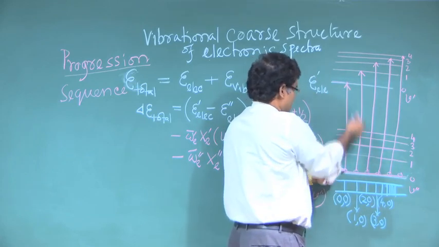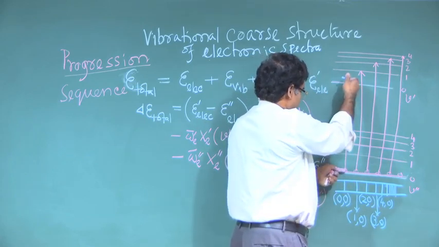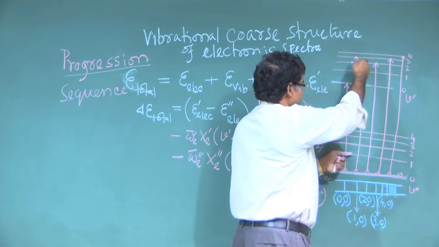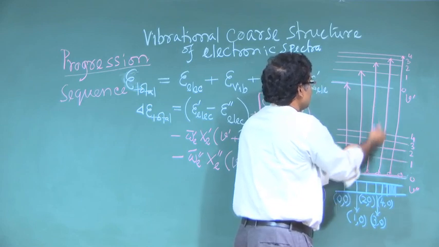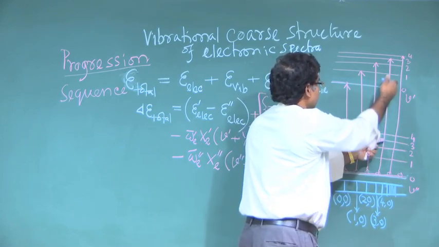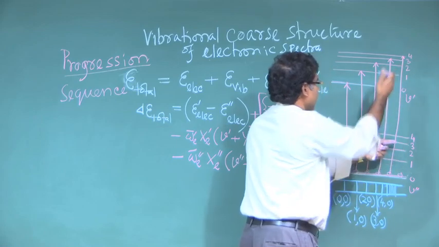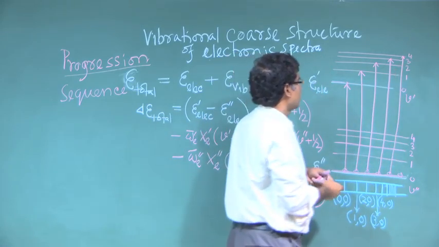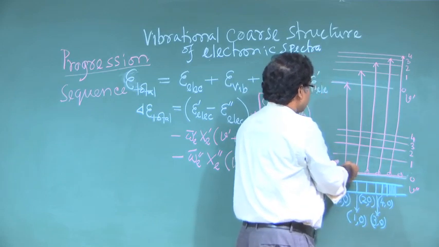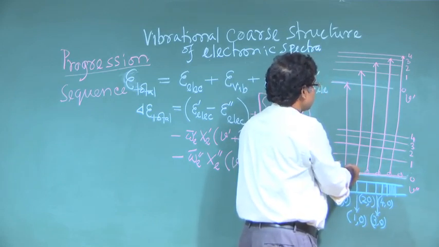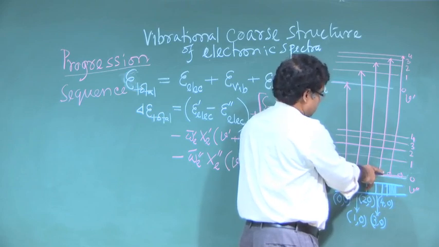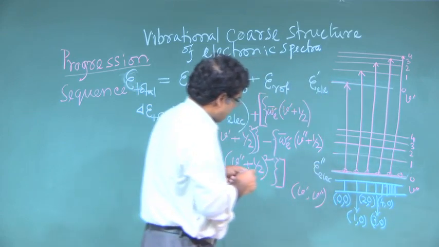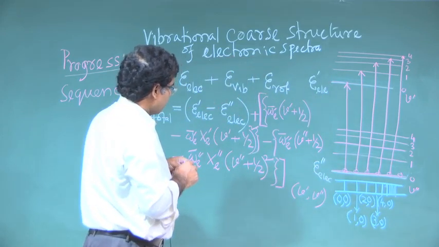So 0 to 0, 1 to 0, 2 to 0, 3 to 0, 4 to 0, like this. I think this is a sequence.